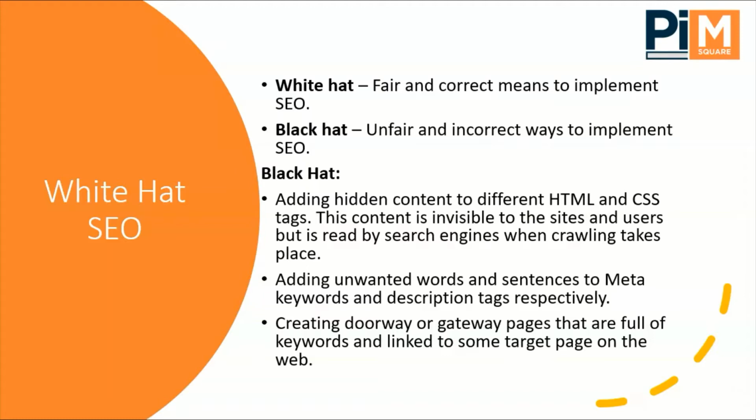So what exactly did marketers used to do in this black hat method? You would stuff a lot of keywords in the HTML coding, like in the meta description and the title tags, to rank well, or add unwanted words and keywords, making sentences without any meaning.